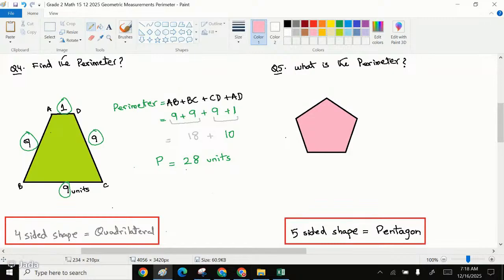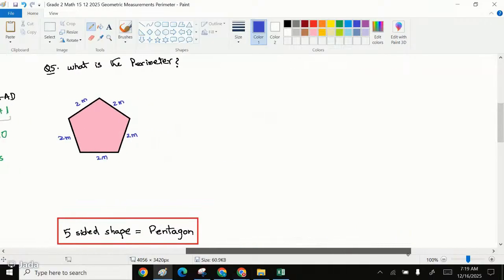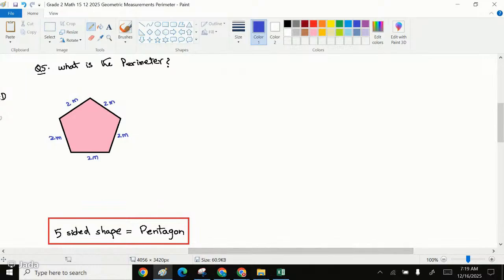The question says the pentagon has each side of length 2 meters, 2 meters, 2 meters, 2 meters, and 2 meters, right? If all the sides are of the same length of 2 meters, let's see how we can do this, right? I'll give you 2 different ways.